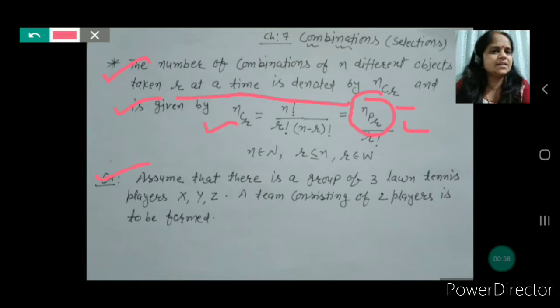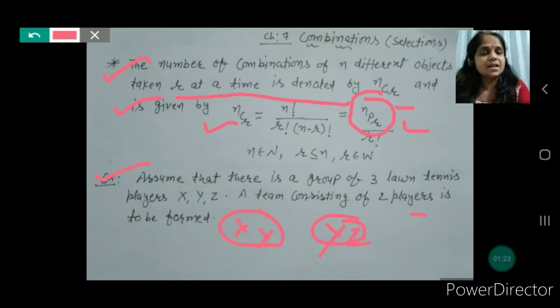Assume that there is a group of 3 lawn tennis players, X, Y and Z. A team consisting of 2 players is to be formed. So students, we can make a team by taking X and Y, another team by taking Y and Z, and a third team by taking X and Z. So 3 teams are possible.